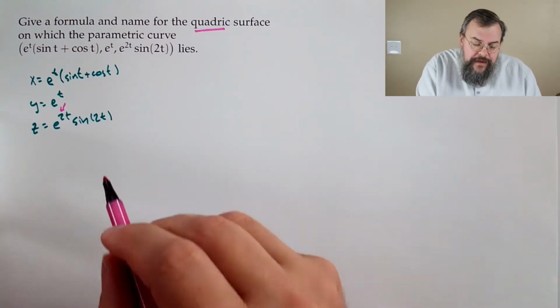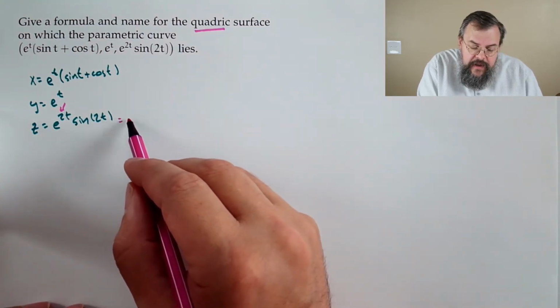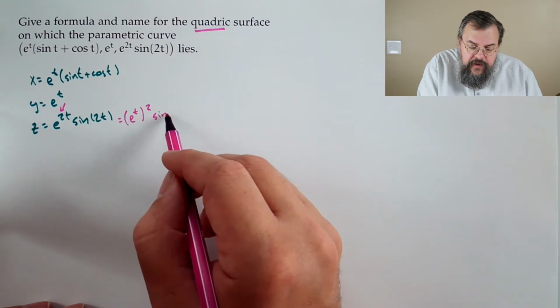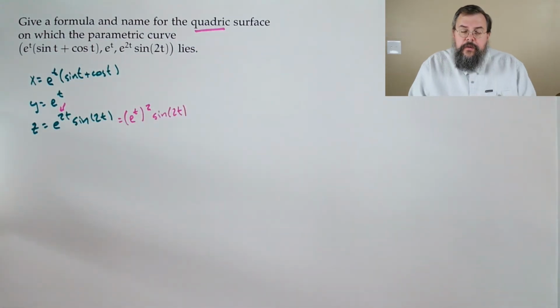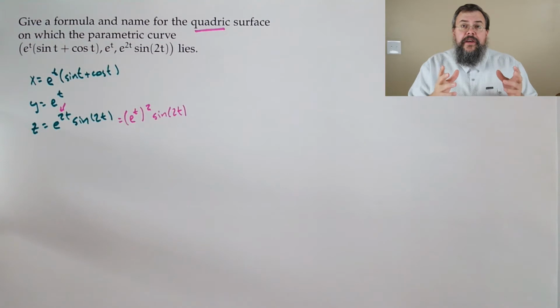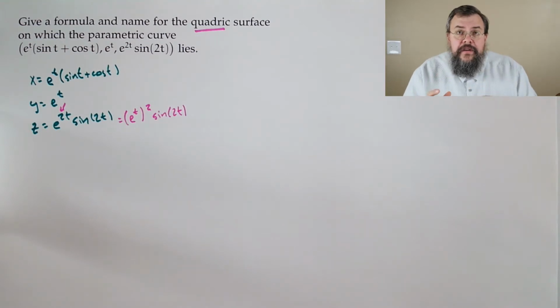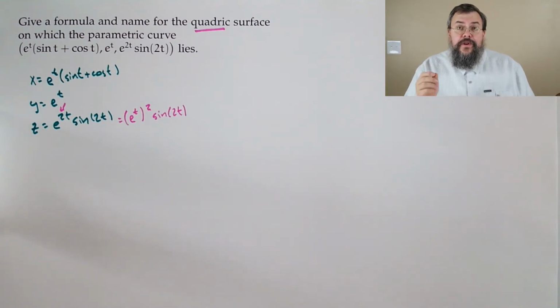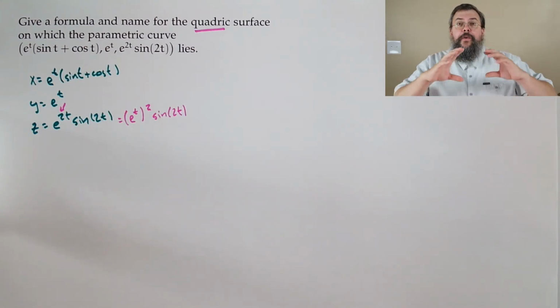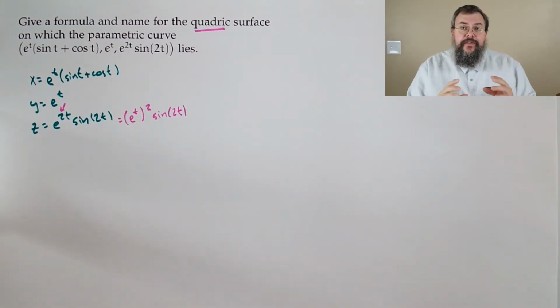Well, what I mean is it can also be thought of as e to the t squared, times sine of 2t. So if you compare, the x and the y pieces have e to the t, but the z piece has e to the 2t. So it's very suggestive, saying, well, let's make them look the same.